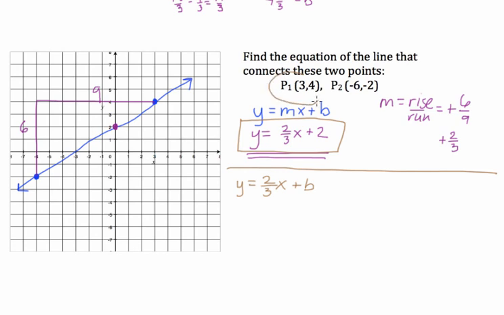Take one of your points. We know that that point, when subbed into this equation, will make a true equation. So do it. Now, just for a minute, we're going to put the x coordinate of 3 in for x, and the y coordinate of 4 in for y.